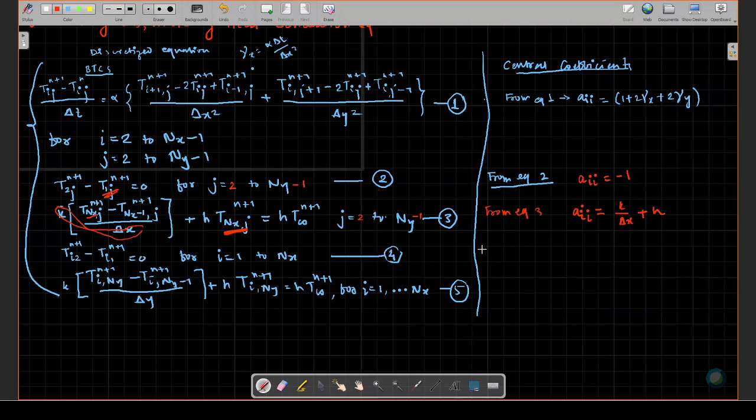From equation 4, this is for the bottom boundary condition. For the boundary condition, it is minus k dou T by dou x.